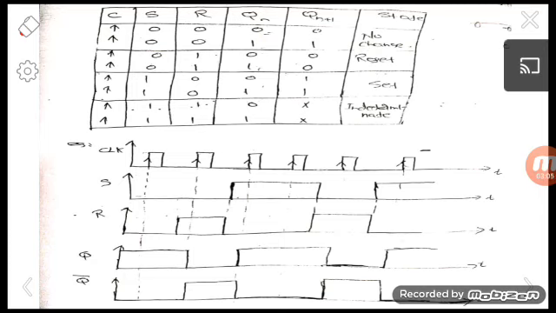In that case it will continue its state, so Qn plus 1 after applying 0, 0 will be 1. For S equal to 0 and R equal to 0, the output of the flip-flop will continue its state. If it is 0, it will remain 0. If it is 1, it will remain 1.